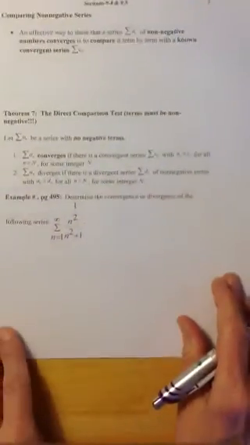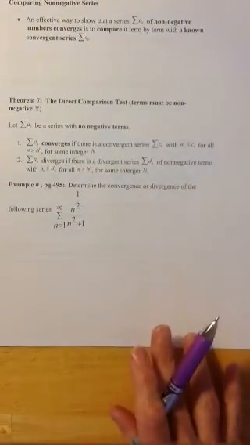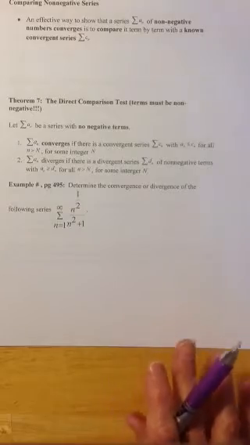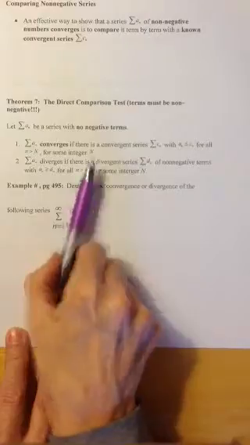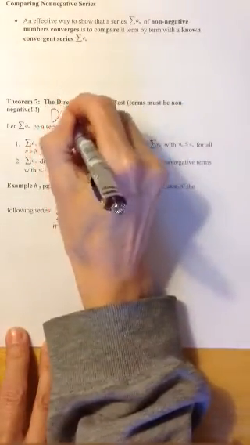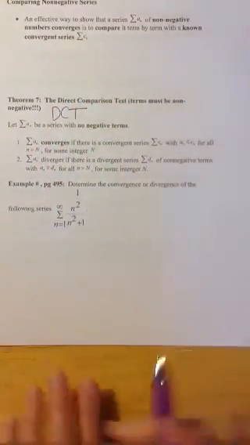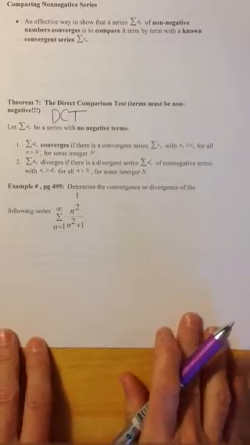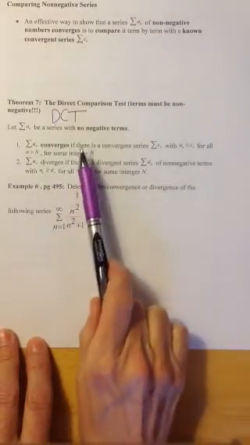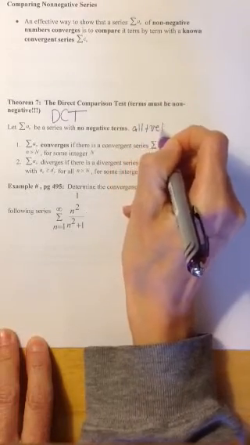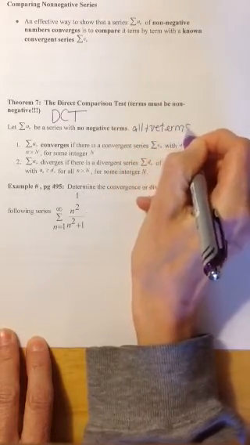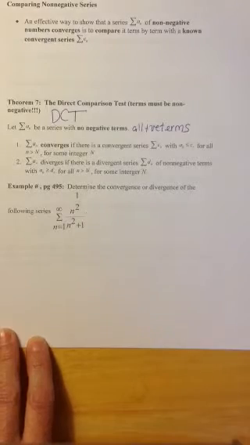I'm going to move the paper up a little bit because we're going to need some room at the bottom. We've seen the direct comparison test before, and I mentioned in chapter 8 that we would call this the DCT. Let a sub n be a series with no negative terms, so all positive terms. We have special things that we're going to do for terms that are alternating in sign.